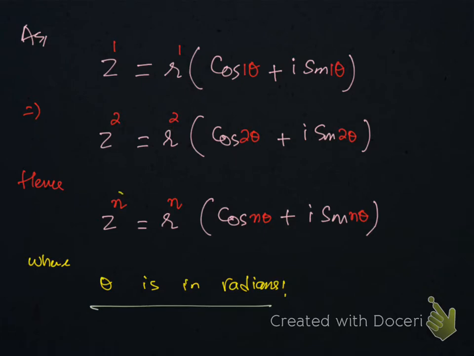For n, the r has power n, and this angle must be n theta. So whenever we are working for higher powers of z, we have to give the same power to r, and then we have to write the same number with theta. Like if the power of r is n, then the coefficient of theta must be n, where theta is in radians.